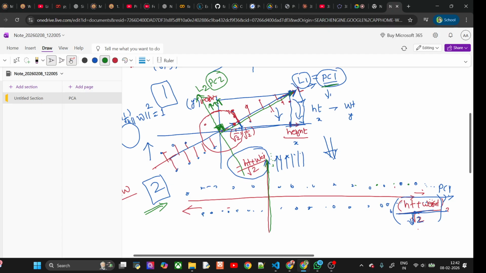There is no more variance or information in the y direction, because this is different. If you simply get principal component 1, you will only get more variance in that direction. There is no information about the variance in the other direction, the line 2 direction. So that's the reason you have to calculate PC2, principal component 2, also.